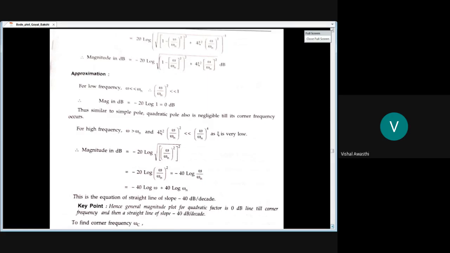So again, for your low frequency, just consider the first term in the under root, that is 1 minus (omega upon omega n) square. So when your omega is very much less than omega n, then (omega upon omega n) square is also very much less than 1.